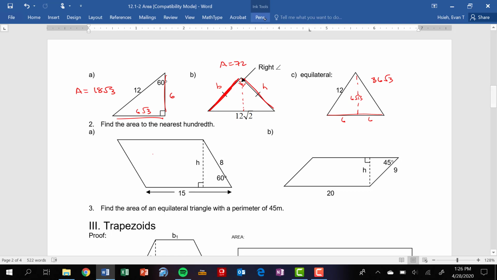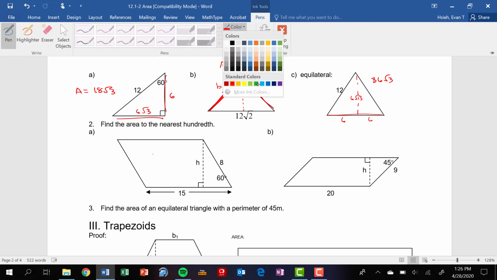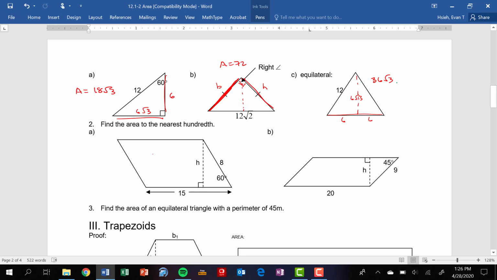Now there's a nice little formula for equilateral triangles that's really useful. The formula works like this, where this is equal to the side, and this is equal to the side divided by 2, and this will be equal to the side root 3 divided by 2.